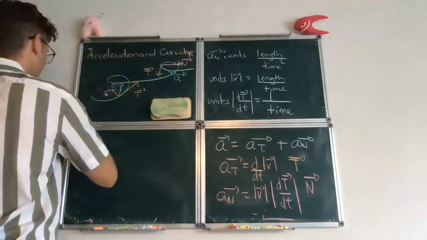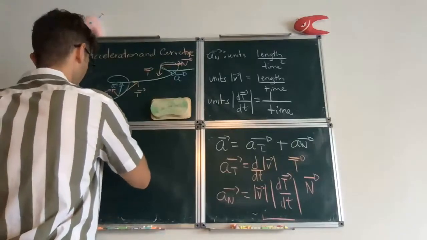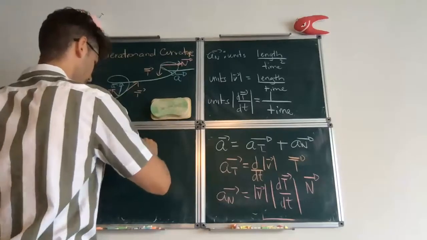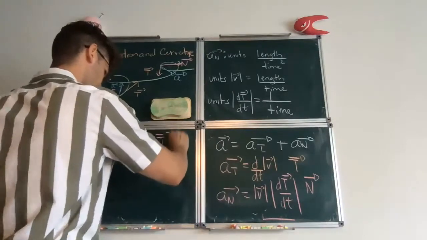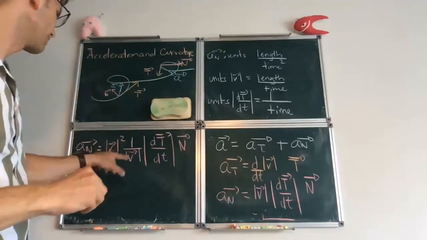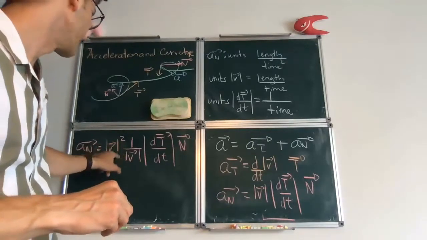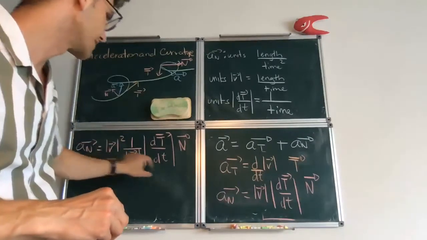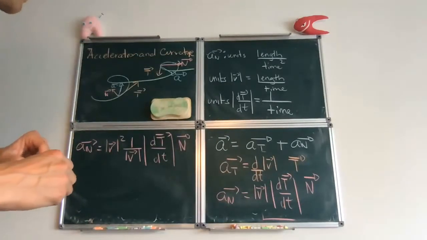So notice that you can take this formula for the normal acceleration and rewrite it this way. What I did was multiply and divide by the speed. It's the same expression, because one of these factors can cancel the one downstairs, and you just get back the same expression. But what's the net effect of doing this?